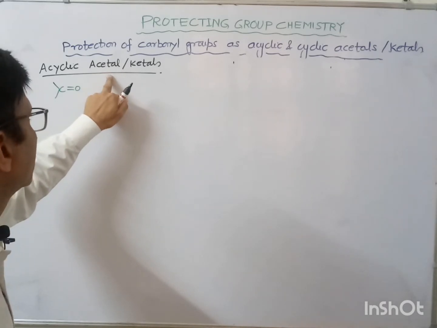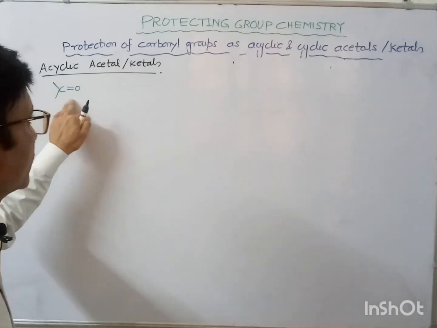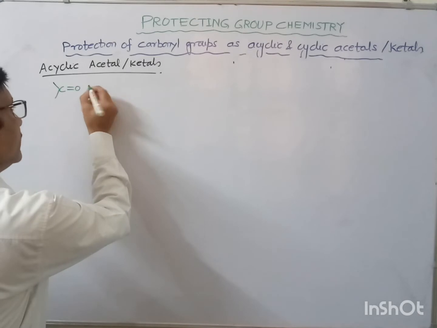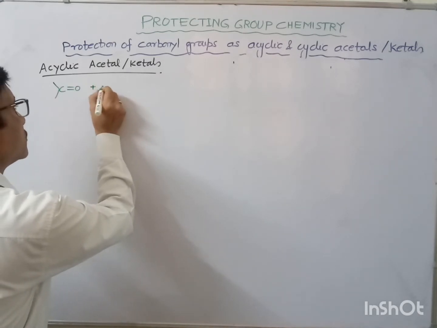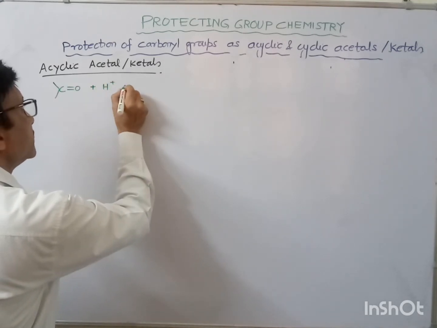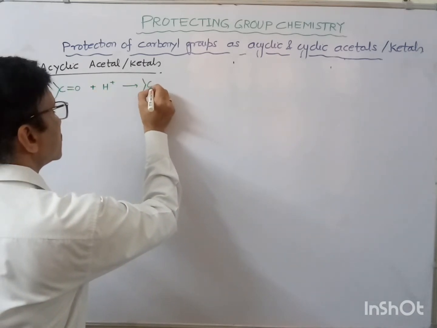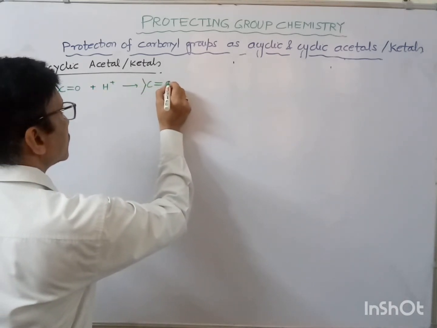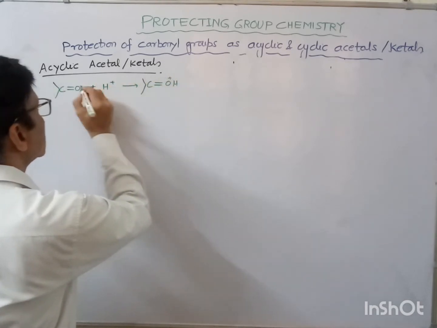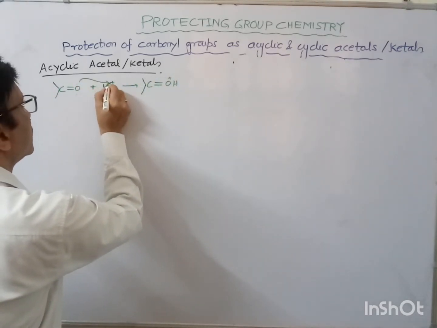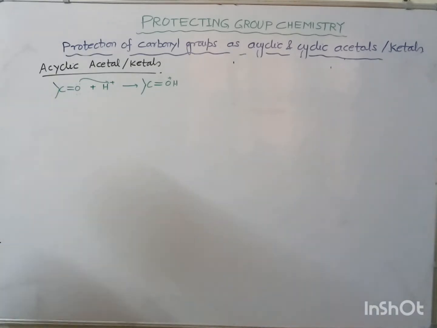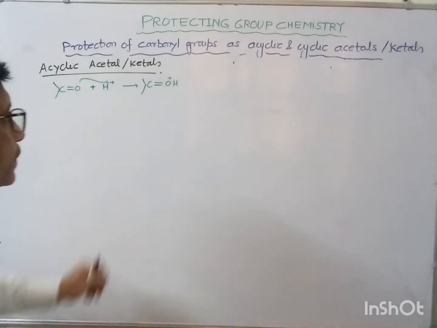By reacting this carbonyl compound with an alcohol, in presence of some acid catalyst. In presence of this acid catalyst, first of all the oxygen of the carbonyl compound is protonated to generate a strong electrophilic center at this carbon.